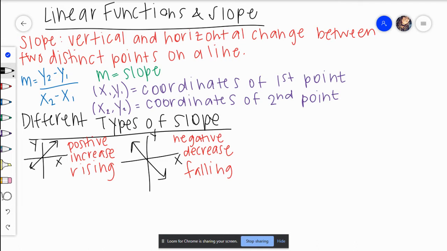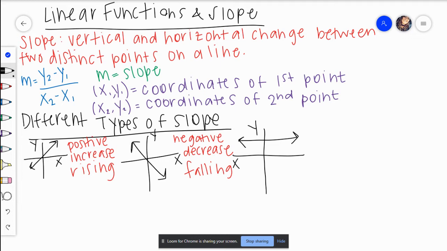Okay, say we have something that looks like this. So this line is actually parallel with our x-axis. It is a horizontal line. It does not increase and it does not decrease.